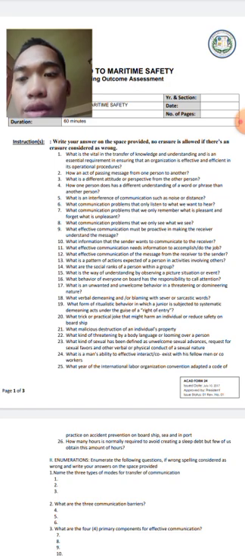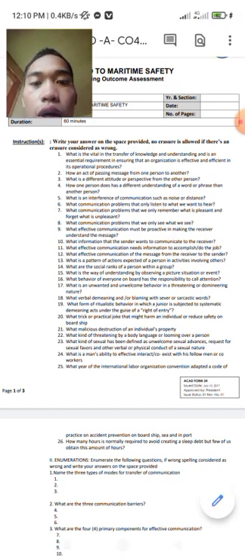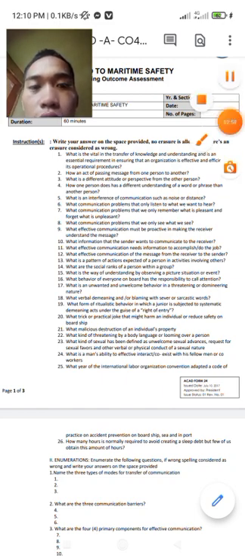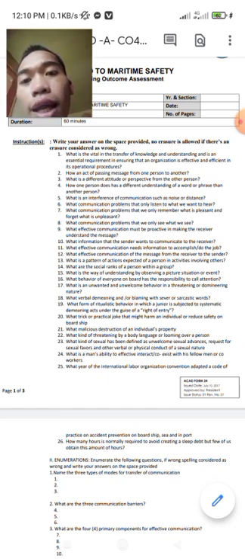Number 7, what communication problem is that we only remember what is pleasant and forget what is unpleasant? My answer is selective retention. Number 8, what communication problem is that we only see what we want to see? My answer is selective blindness.